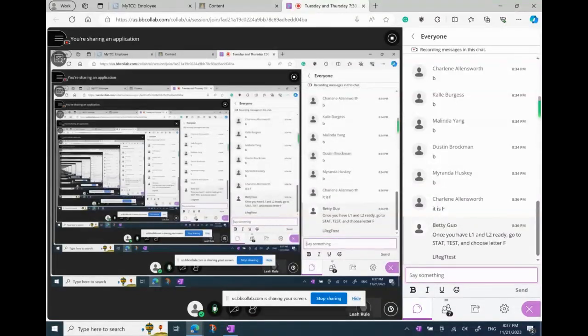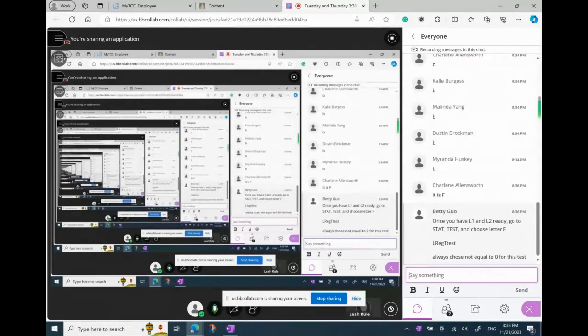Always choose not equal to 0 for this test because it's always a two-tailed test. And then we confirm to calculate.